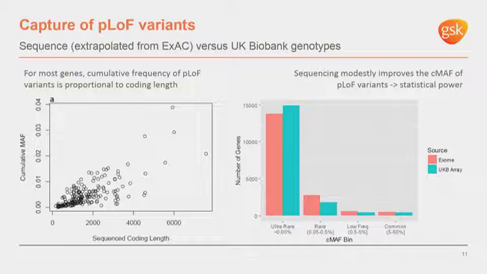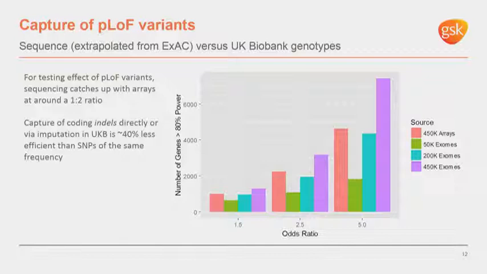You actually get a slightly larger proportion, obviously, in exomes than genotypes. You start to see it differentiate a bit more at the low frequency range, less than 5% frequency, and quite a bit more at the rare range. So there are just more genes that you capture by sequencing where you can test this loss of function hypothesis more powerfully using exome data or whole genome data than you can with genotyping arrays.